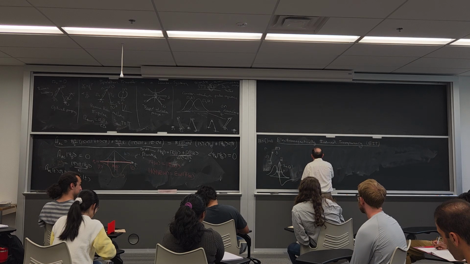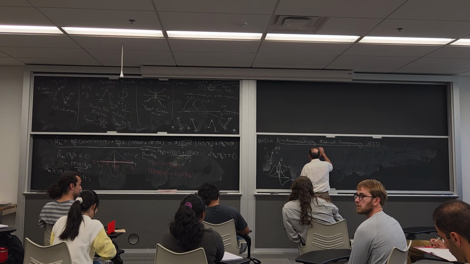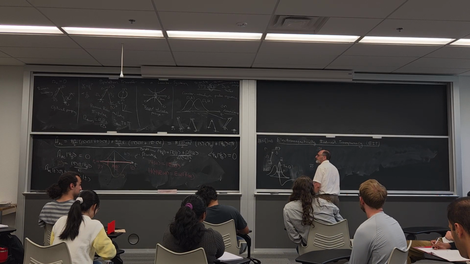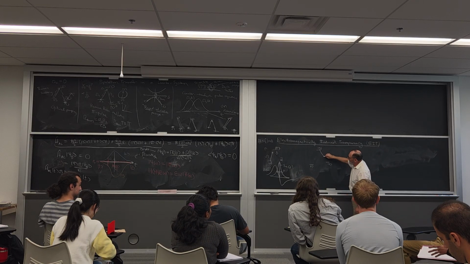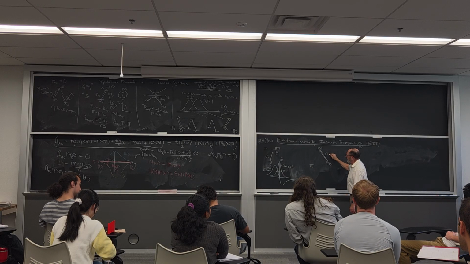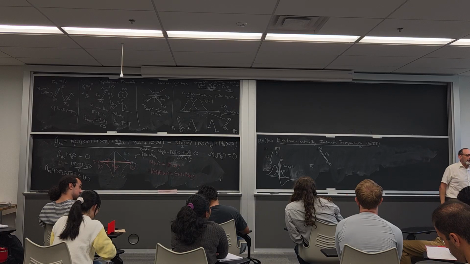Now let's look at a similar situation. I have a third level, okay? And that third level, I'm going to very strongly couple on resonance with some coupling laser, okay?